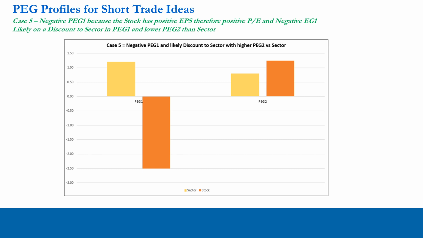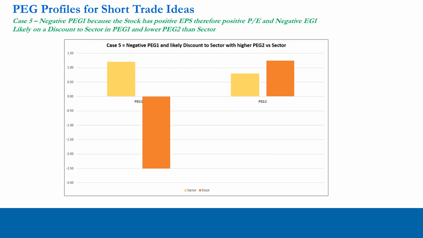So in this situation, it's likely that the PEG 2 for the stock is going to be higher than the sector, because we are dividing by a smaller earnings growth number. However, it can be the same or lower than the sector. It really depends on the relationship between the EPS and the earnings growth percentage number.